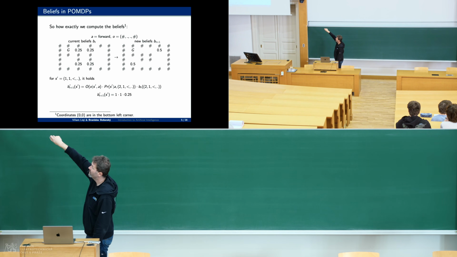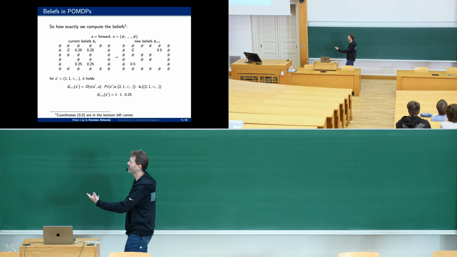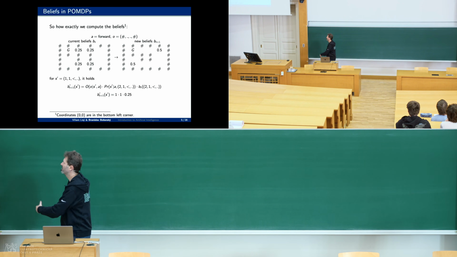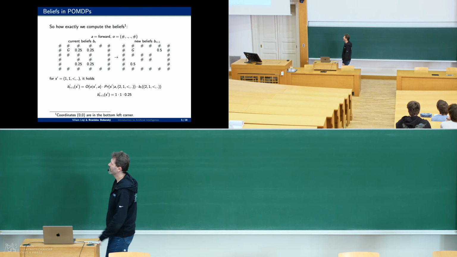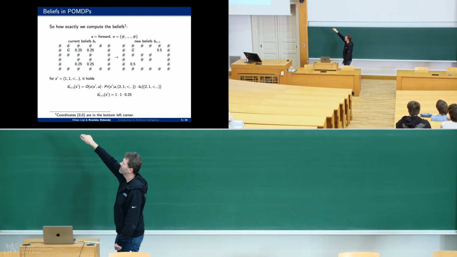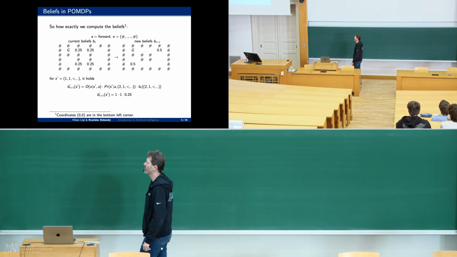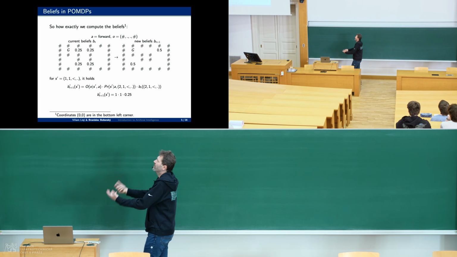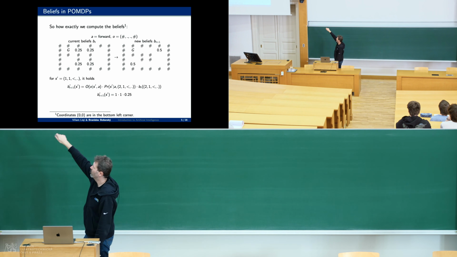We know the probabilities with which the robot can get to a particular state from some other state.